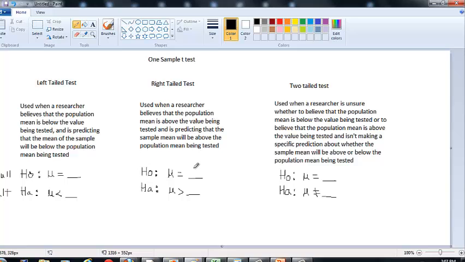So the belief the researcher is trying to support is what's shown in the alternative. The researcher is trying to support their belief that the mean is above the value being tested, which is why you have this greater than sign.